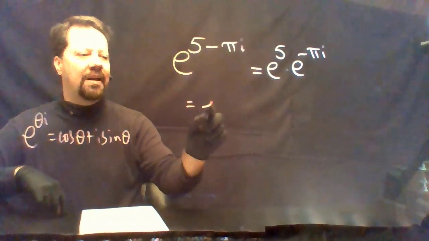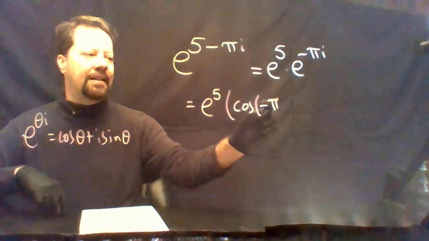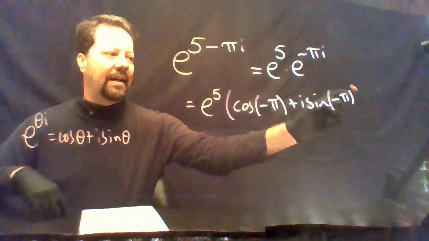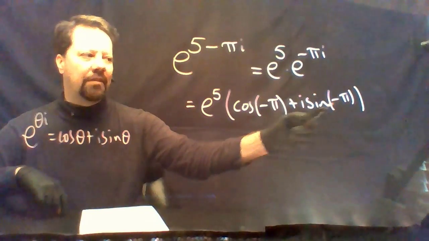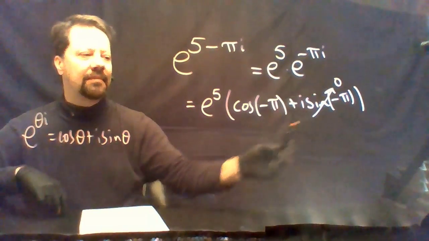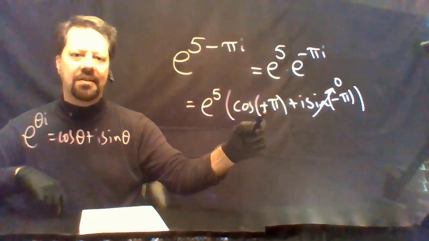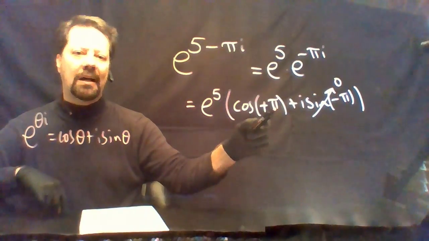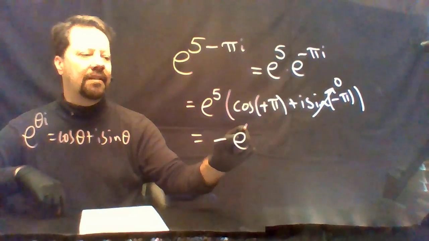And so we have e to the 5 times the cosine of minus pi plus i times the sine of minus pi. The sine of any integer multiple of pi is 0. The negative here is irrelevant because cosine is an even function, so these negatives go away. The cosine of pi is -1. So the answer is negative e to the power 5.